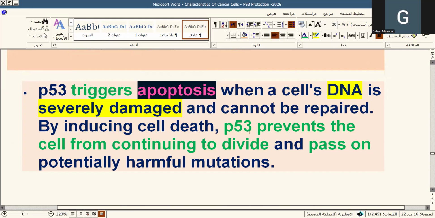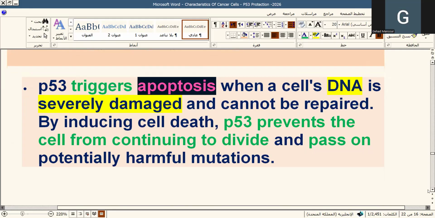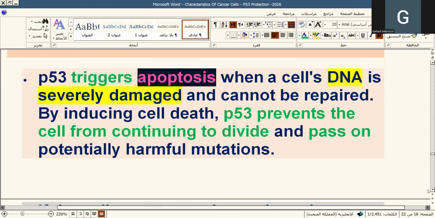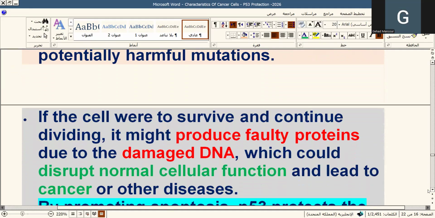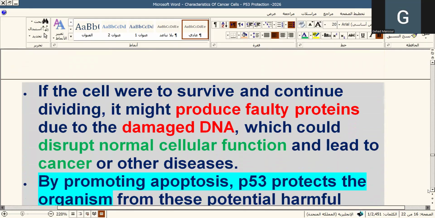In such a way, the P53 will prevent the cell from continuing to divide, because if it divides with all these mutations of DNA, it will transfer those mutations to the daughter cells, and this is what we don't want to see inside a living cell.